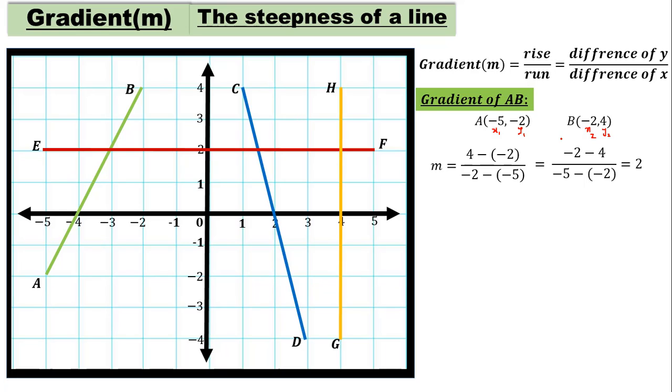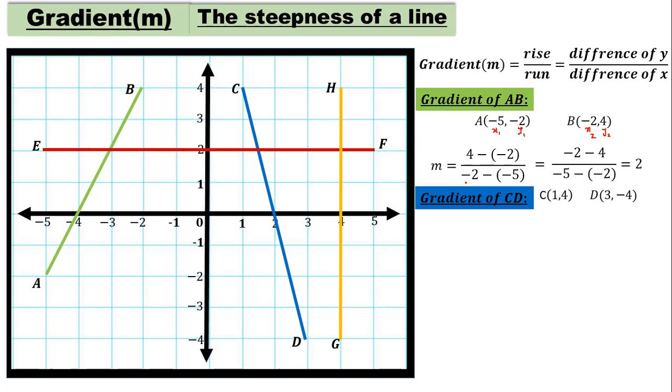So the gradient of the line proved by this algebraic expression or the formula is also equal to 2, as we discussed earlier. Now consider the gradient of the line CD. Take the points on it: the point C is (1, 4) and the point D is (3, -4).